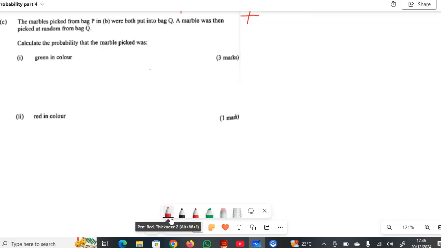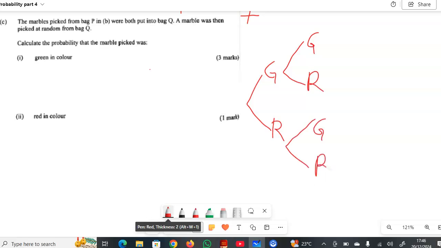We can have the first case as green or red. That is from P. Then we can have the second case, green or red, green or red. So this is from P. That's our marbles from P. So we had green was 3 over 7.